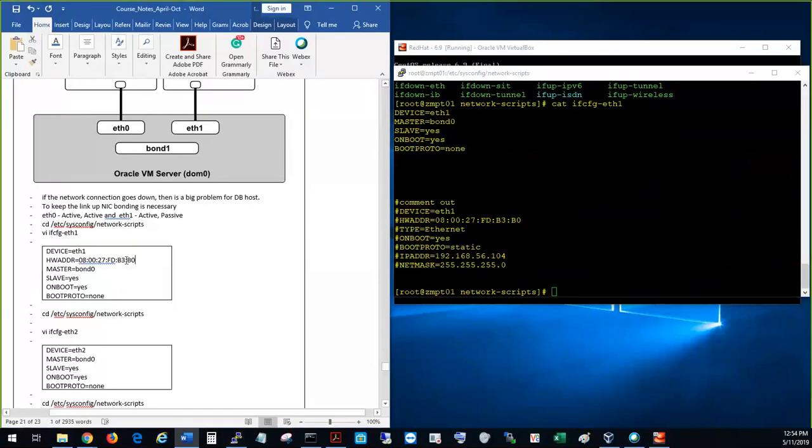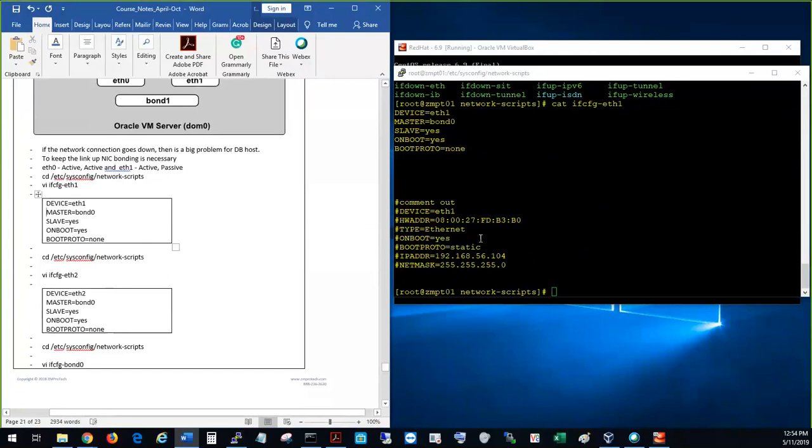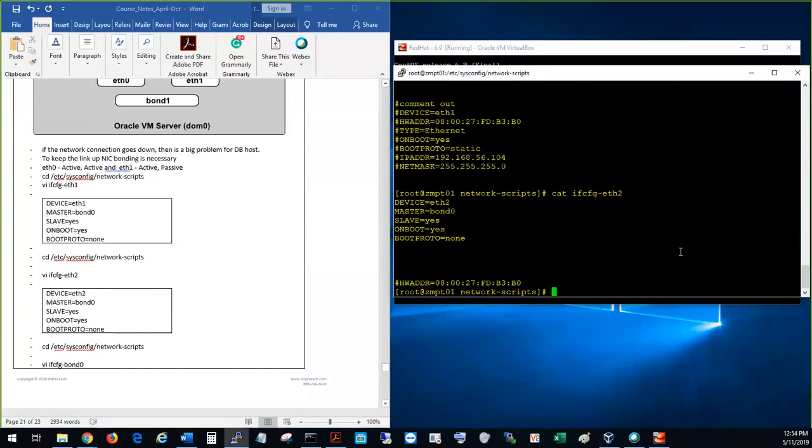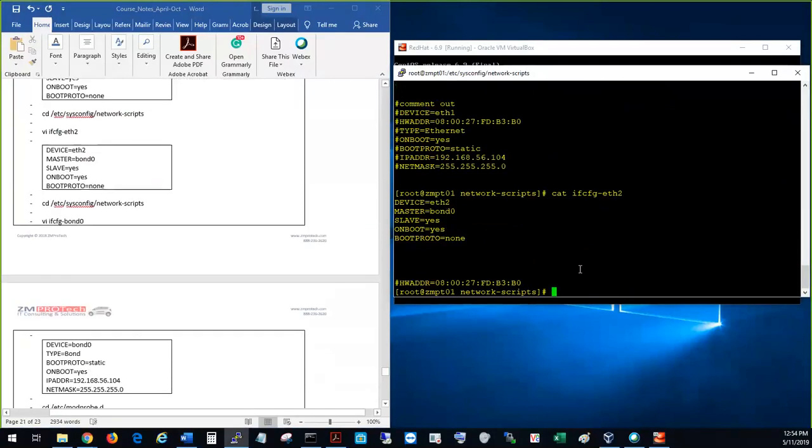You don't need the hardware information. Master bond0, slave yes, yes, boot proto none. 5 lines, and let me get 2. eth2 bond0, yes, yes, none. And let me cat bond0.